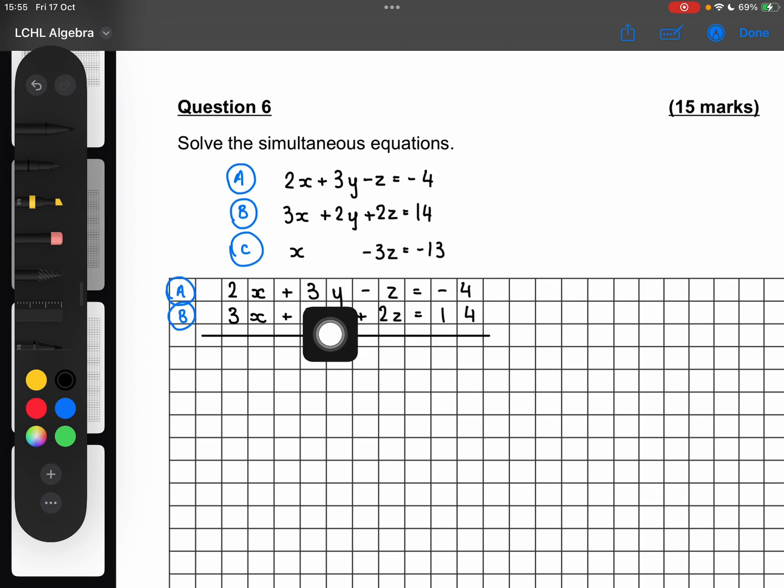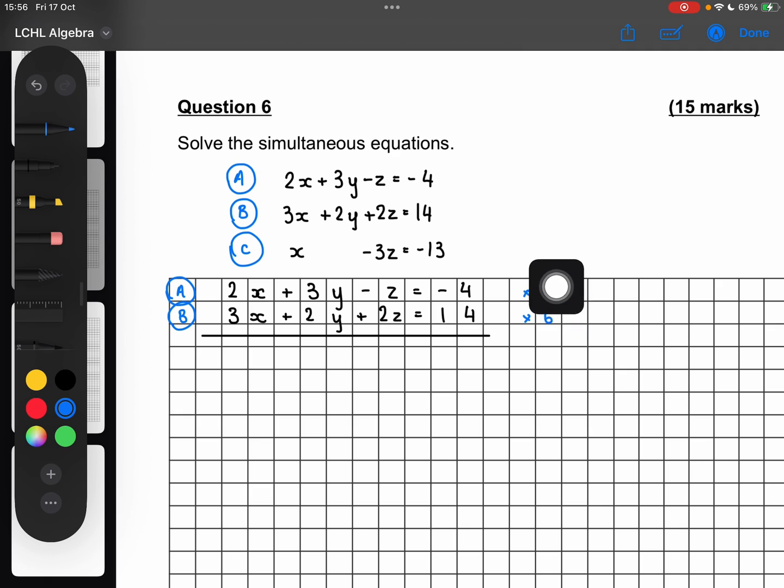So if I want to get rid of my y's, okay, then I can multiply the top line by one thing. So let's say I multiply that by a -2. Okay, and I multiply the bottom line by another thing. So let's say 3. Okay, you guys told me that you prefer when they have the same number but opposite signs, so that you can add both lines.